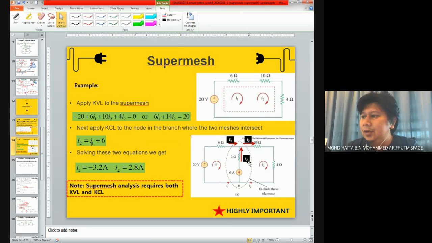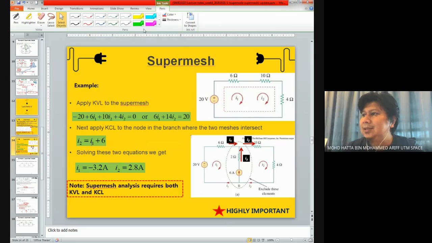If you look at the circuit, you have a current source in between these two meshes, which means that we have a Supermesh. And then we combine these two meshes to become like this. So once you combine, you will set up a Kirchhoff voltage law around the Supermesh.